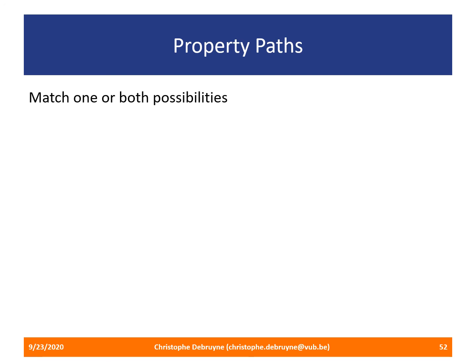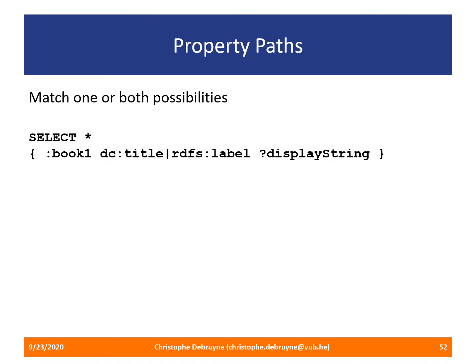So property paths allow you, we've seen that we can get 0 or more of a particular predicate in between two resources, but property paths also allow us to formulate alternatives. So in this particular example, we are looking for titles or labels, and we will be calling those display strings.